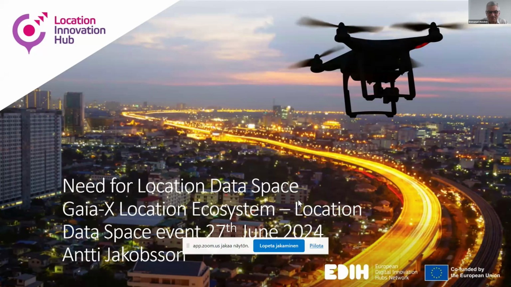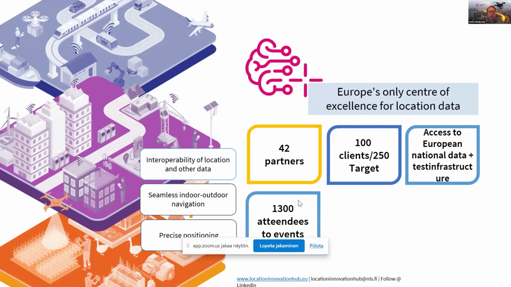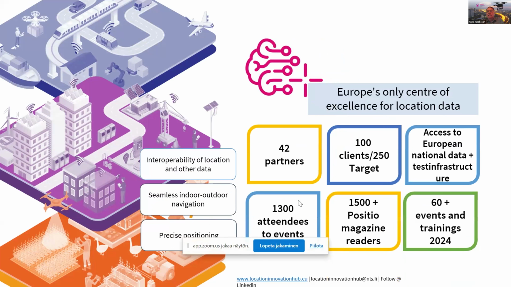Thanks. Okay, Antti, excellent. So basically, I will start with the Location Innovation Hub and what we are trying to do with that. So we started last year. It's one of the European digital innovation hubs that are now established in Europe. There's about 151 of them, and we are one of them in Finland.